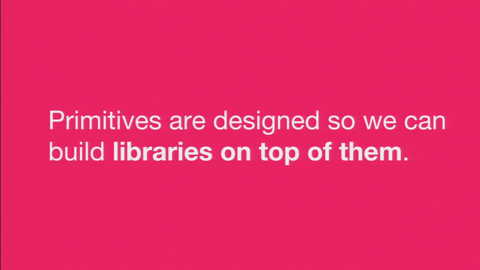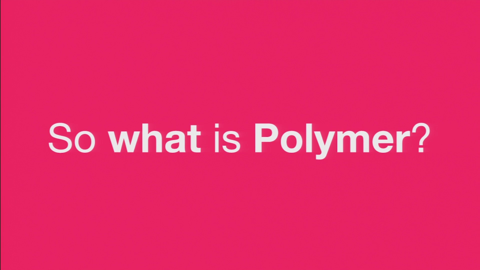Because the web components APIs that I talked about on that earlier slide are very low level, they're designed with the idea that we can and should build libraries on top of them. So when somebody asks, what is Polymer? The answer is, Polymer is a library to help you build web components.